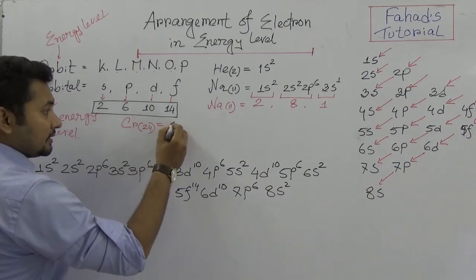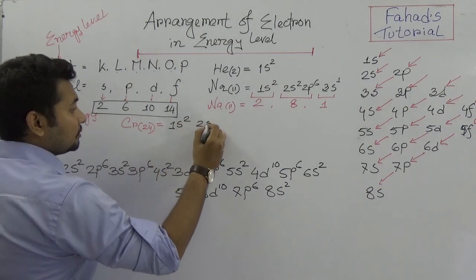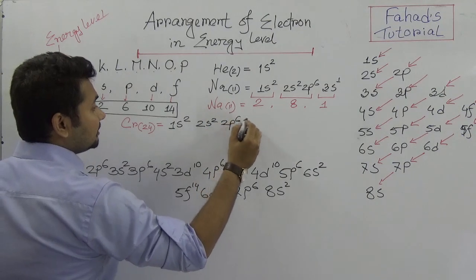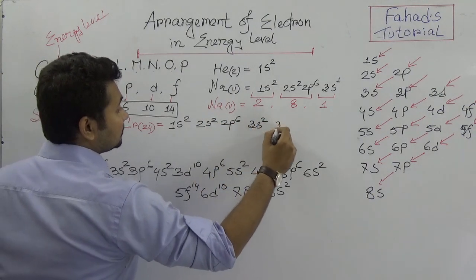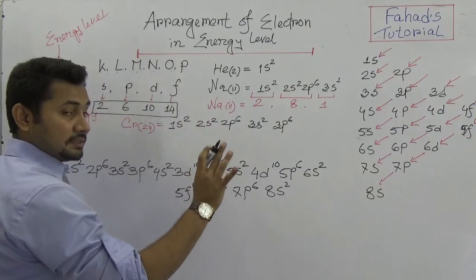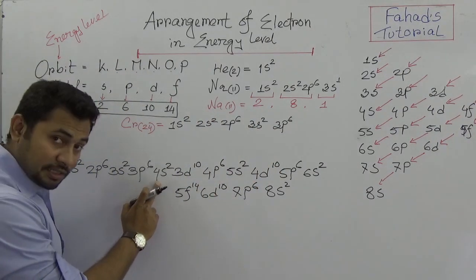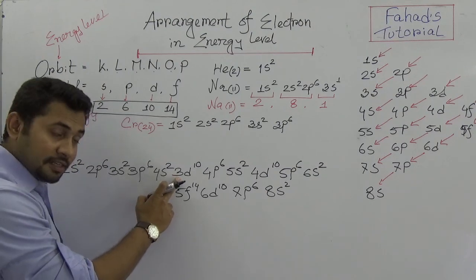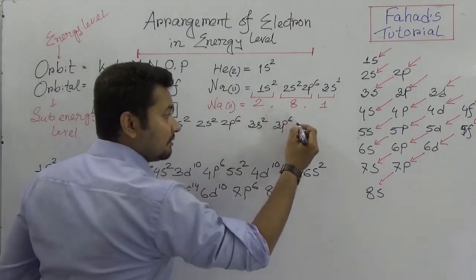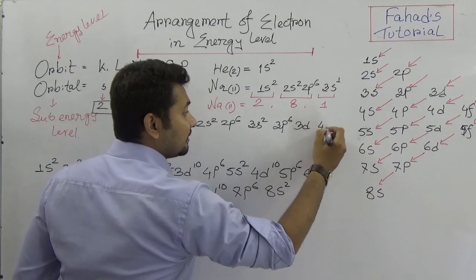So this would be like 1s2, 2s2, 2p6, 3s2, 3p6. According to this law, after 3p6, 4s2 should come, and then after 3d. But for the arrangement, we will write 3d first and then 4s.